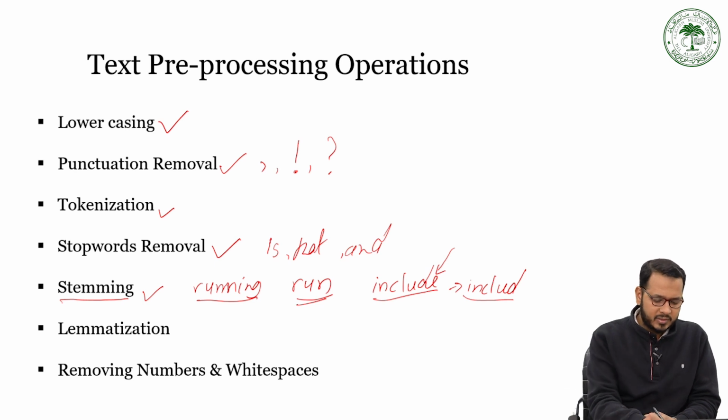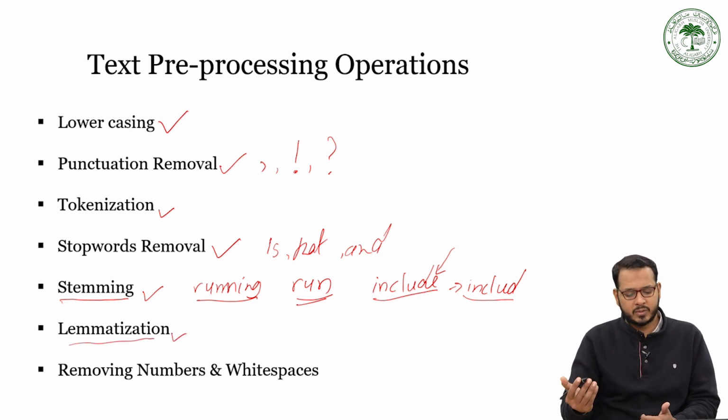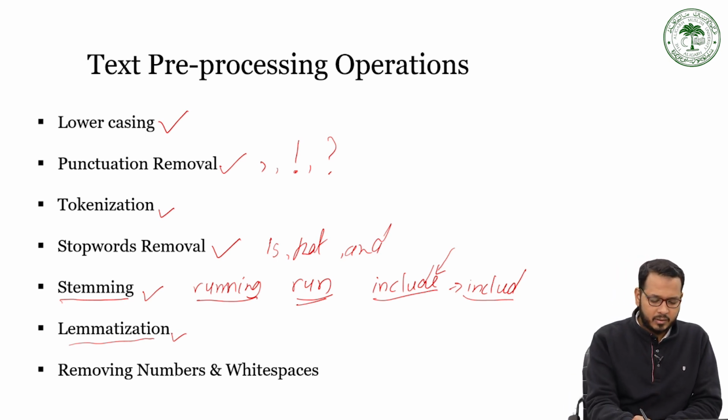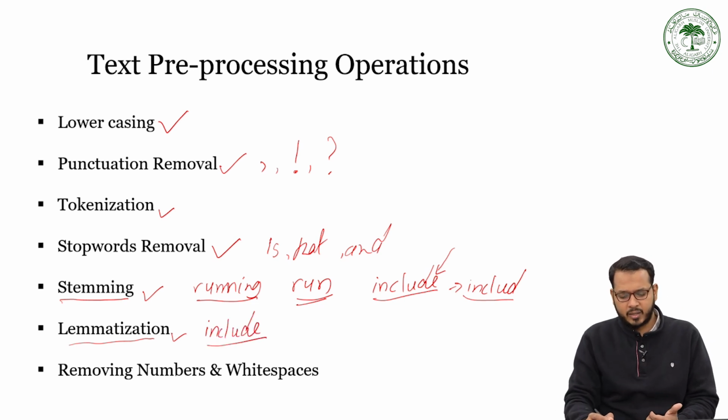So another process is lemmatization. It also removes the suffix and keeps the original root of the word, but it keeps a more semantically correct word rather than some word which does not carry any meaning.